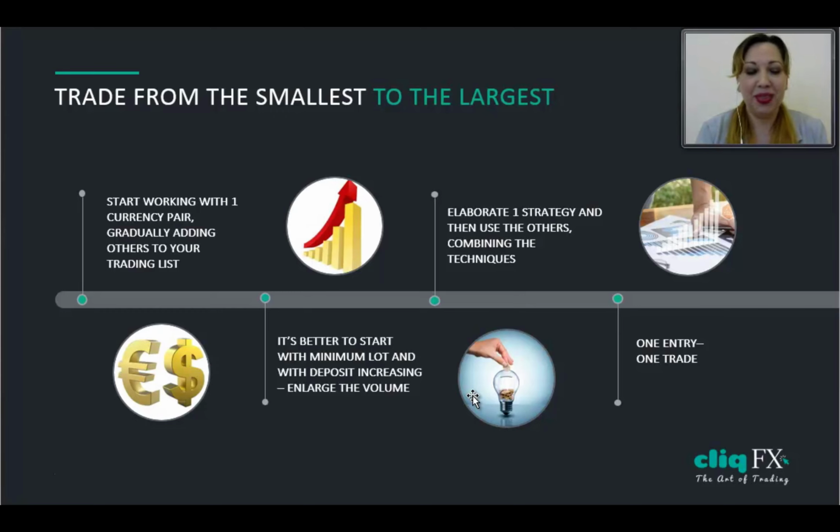Number 3, work with one trading strategy at a time. I know that there is a lot of temptation on the internet with free access because of Wi-Fi. And even Google search can give you super and top profitable trading strategies. Please test one of them. Work it out. Analyze the profitability ratio.